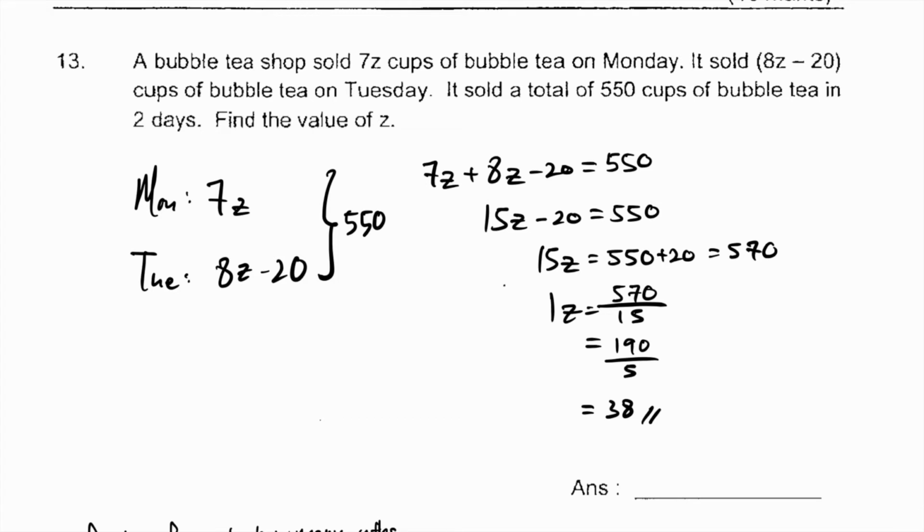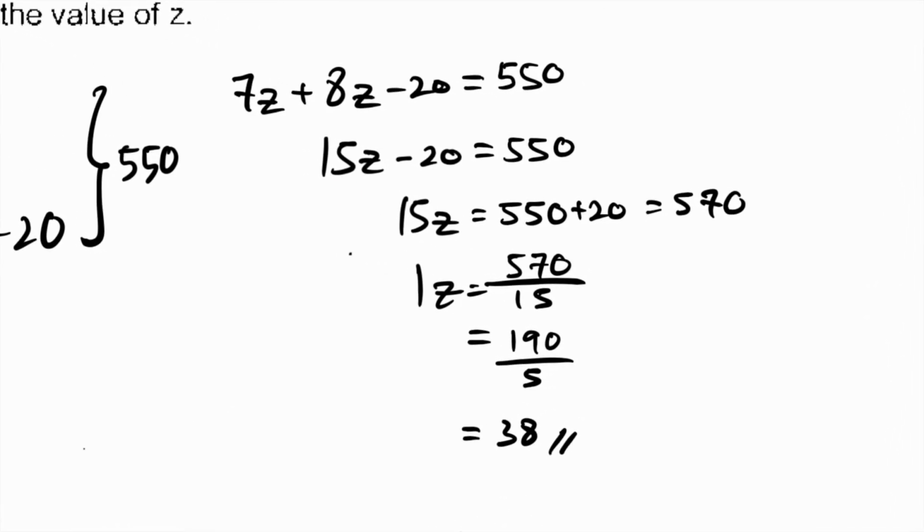A bubble tea shop sold 7Z cups on Monday. Well, make everything clear. Monday is 7Z. It sold this amount on Tuesday. The total was 550. Hey, we can form an equation with this. So 7Z plus 8Z minus 20 is 550. So that gives us 15Z minus 20. Move that negative 20 to the right side, that's a plus 20, so that's 570.